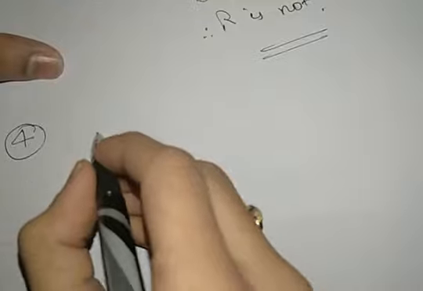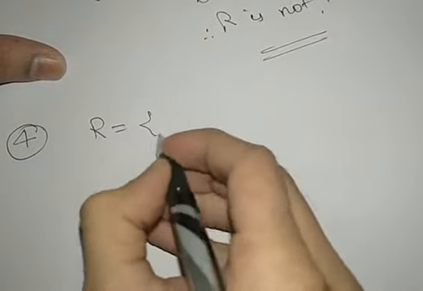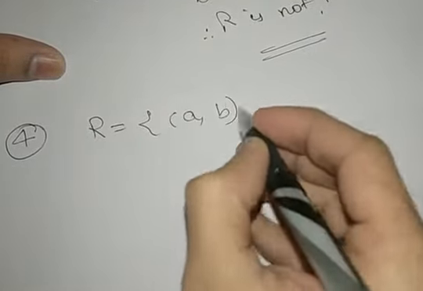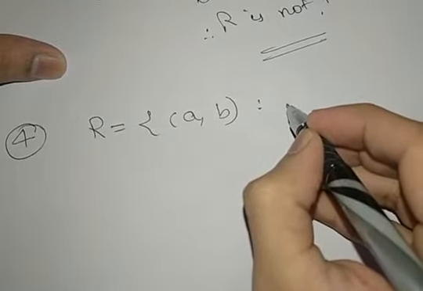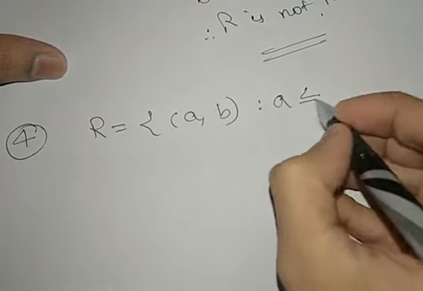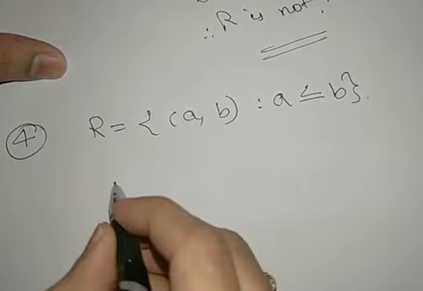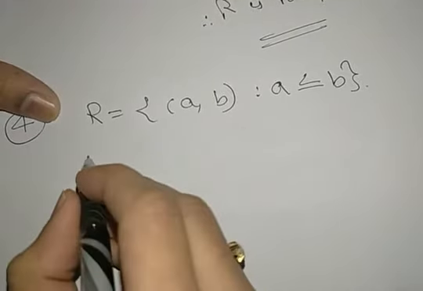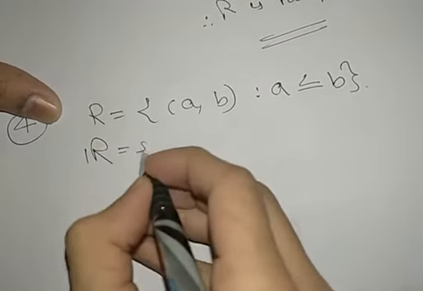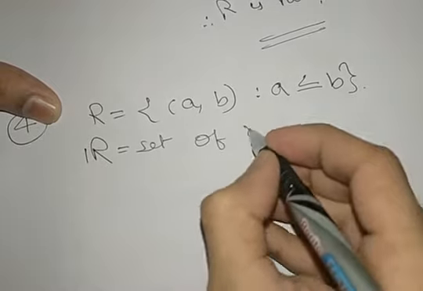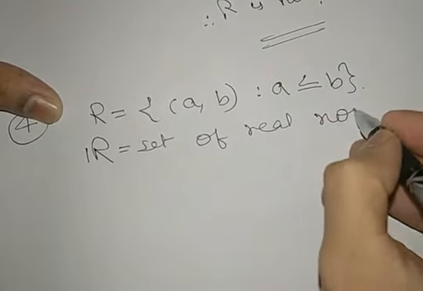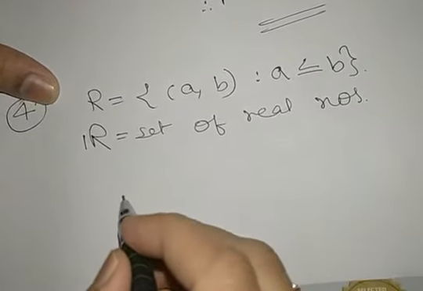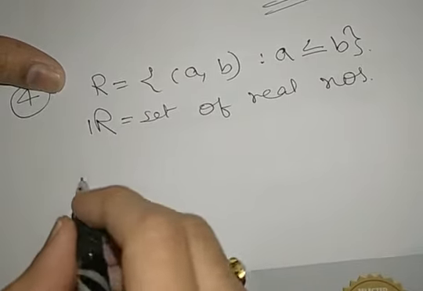So the relation R is given to be A comma B such that A is less than or equal to B. You are given the set R, that is the set of real numbers. So we have to first show that R is reflexive.